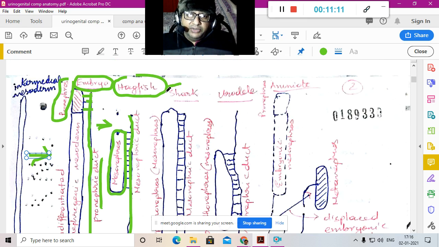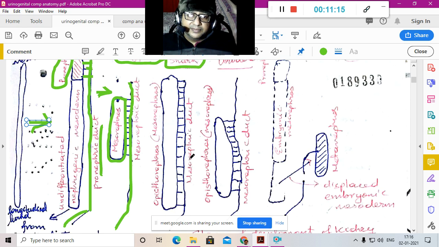In sharks, it is also a mesonephric kidney, but it has a structure like this, and it is known as opisthonephros. Here you see the smaller connections. This extends along the whole of the duct, and all of them connect to the mesonephric duct.